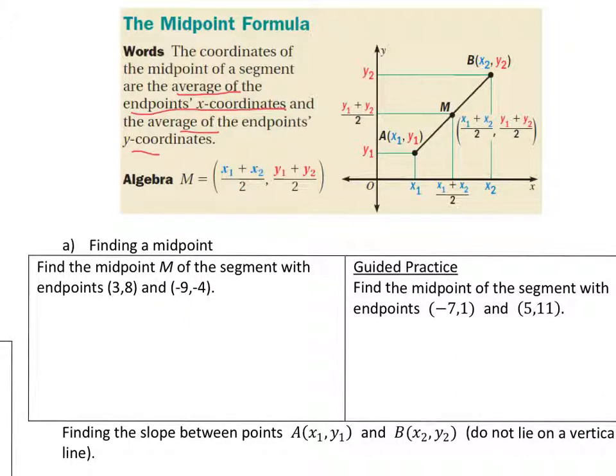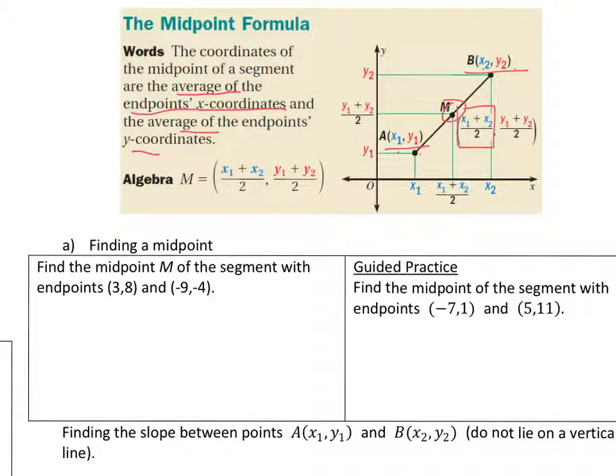So if I give you 2 points, x1, y1, x2, y2, and I want you to find the midpoint M, all you have to do is take x1 and x2, add them together, and divide by 2. And you'll do the same thing for the y coordinates. You add y1 and y2 together, and then divide by 2. And that's it.